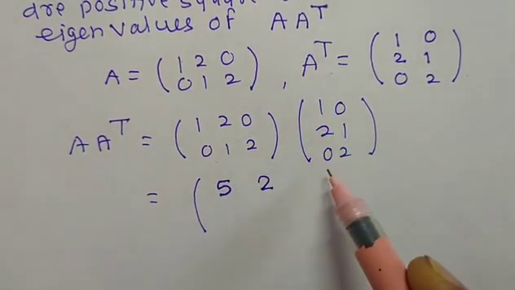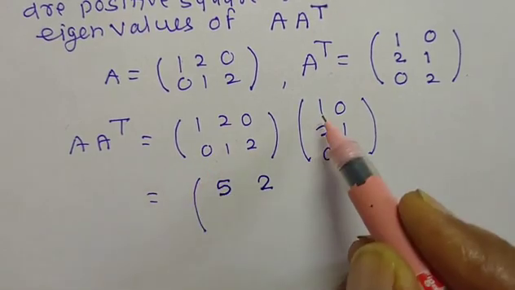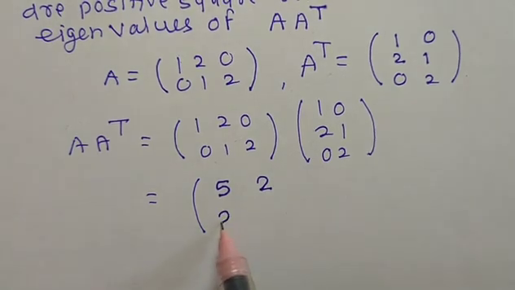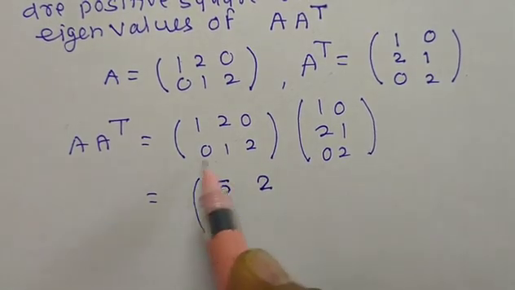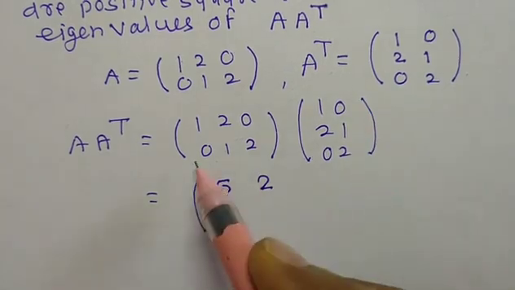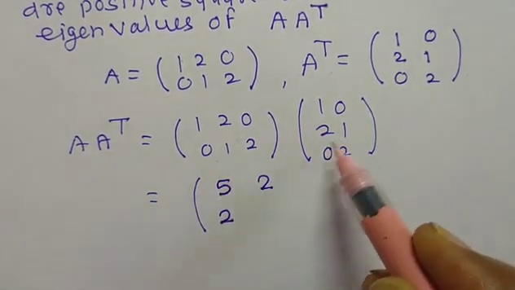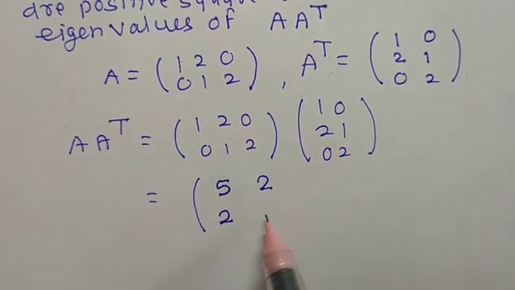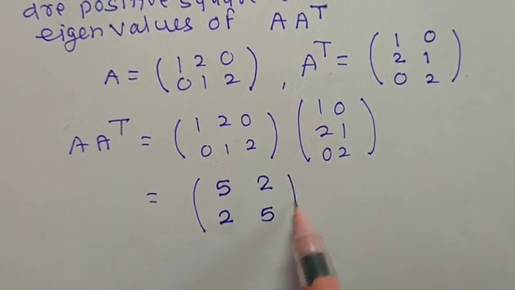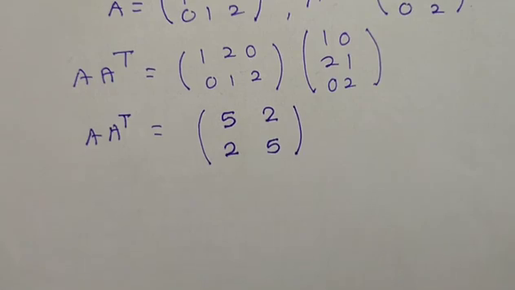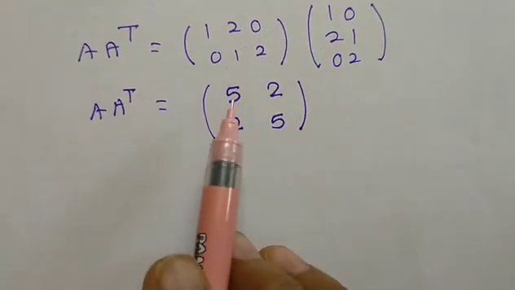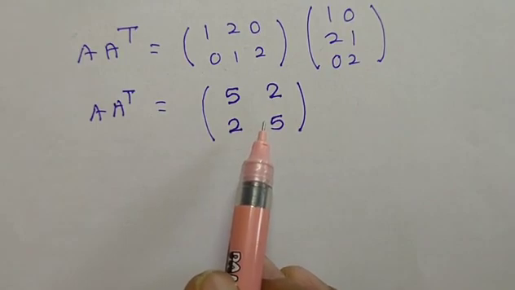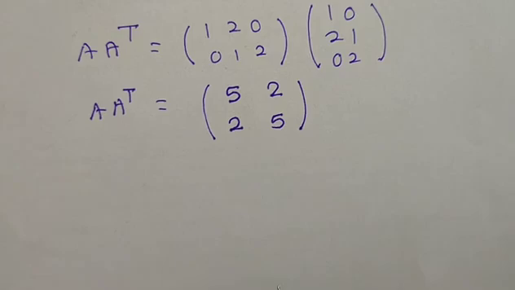Second row, first column: 0 plus 2 plus 0, that is 2. Second row, second column: 0 plus 1 into 1 is 1, 2 into 2 is 4, 1 plus 4, that is 5. Okay. Now we have to find its eigenvalues, and you know how to find eigenvalues.